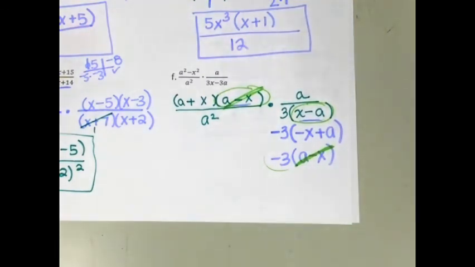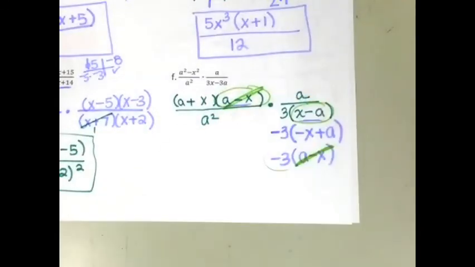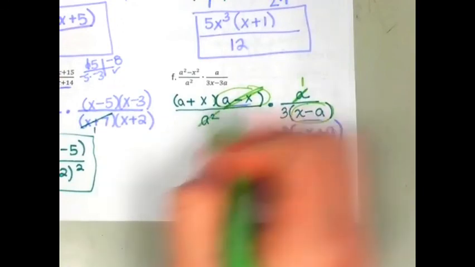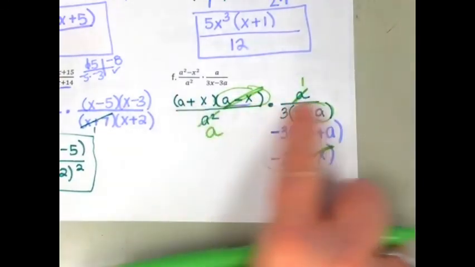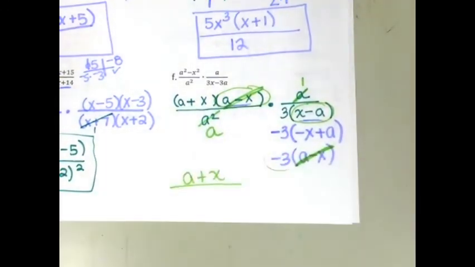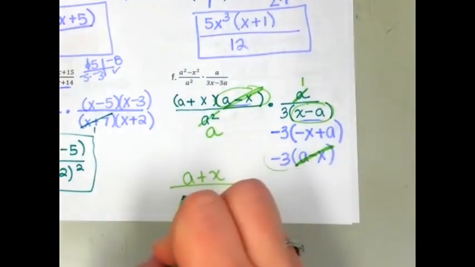Okay. Now, what about these A's? Can I cross out these A's? Yeah. How many A's are going to be left over? 1 on the bottom, right? So now in the numerator, aren't I left with just A plus X? And in the denominator, I have A times -3, which is just -3A.